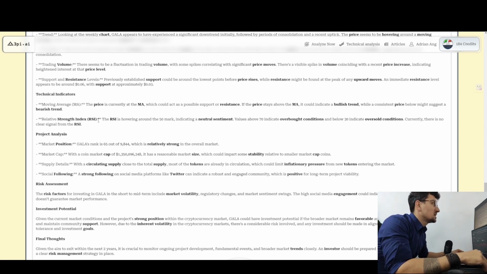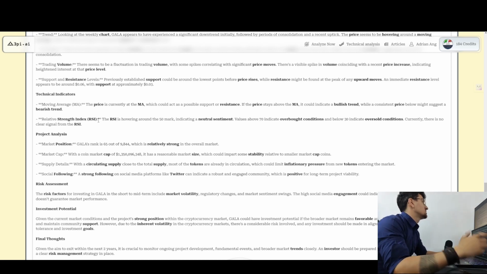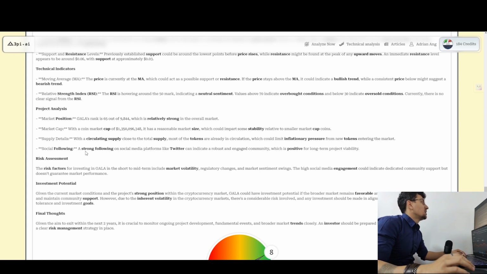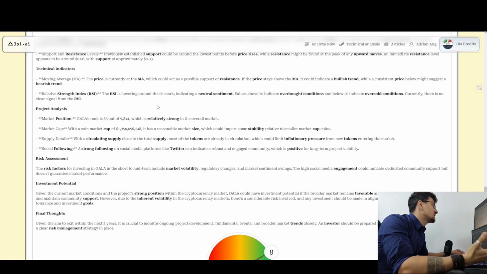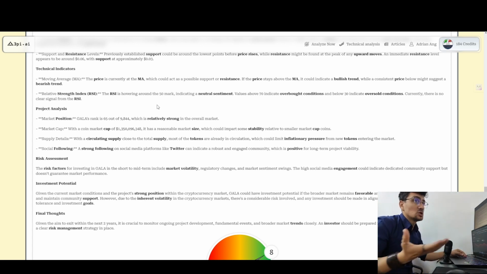If the price stays above the moving average, it could indicate a bullish trend, while a consistent price below might suggest bearish momentum. Relative Strength Index. The RSI is hovering around the 50 mark, indicating a neutral sentiment. Values above 70 indicate overbought conditions and below 30 indicate oversold conditions. Currently, there is no clear signal from the RSI.